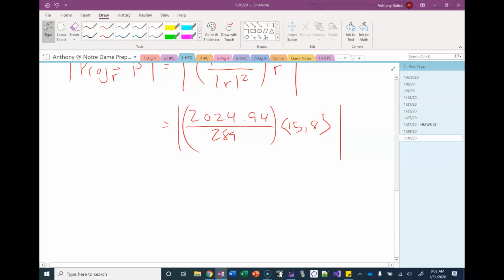And so when I do that, scalar multiplications, I get 10501 and 5605.